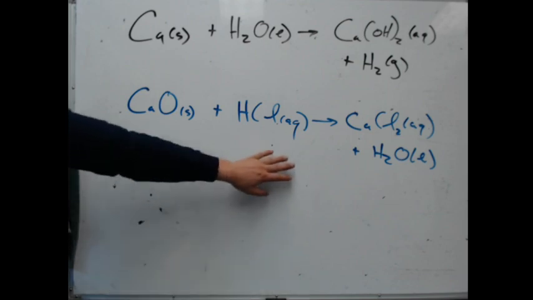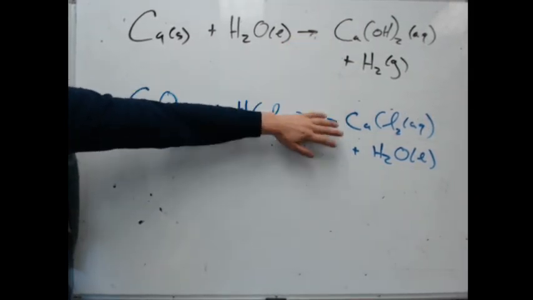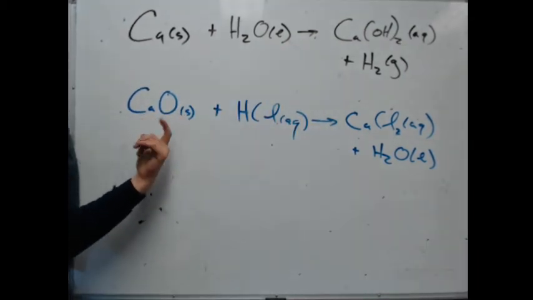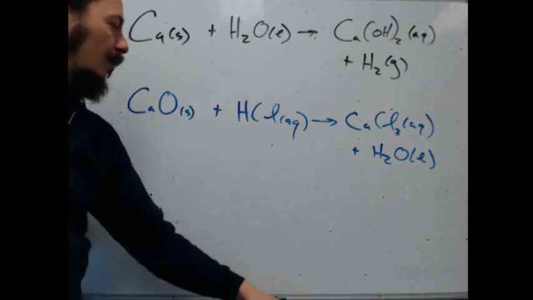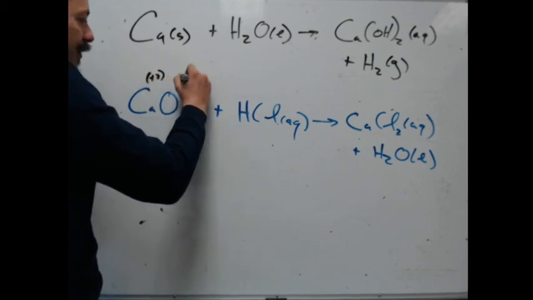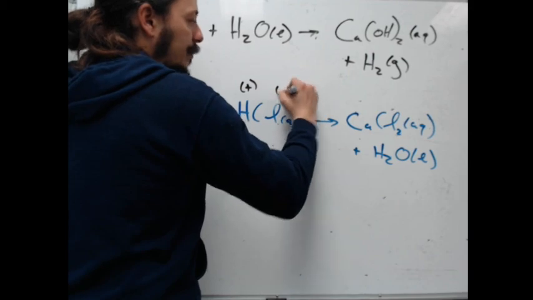Very clearly neither of these are precipitate reactions. I'm not forming any solid. You could say, well, you're dissolving a solid, so it's kind of like a solubility reaction, but when we look at this, we notice calcium here is a +2 charge, oxygen here is a -2 charge, hydrogen here is +1, chlorine here is -1.